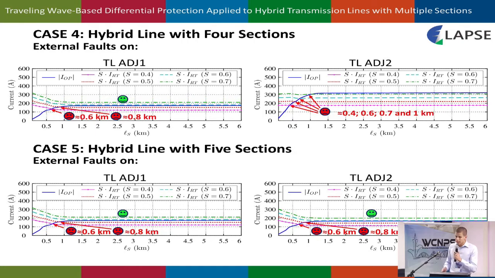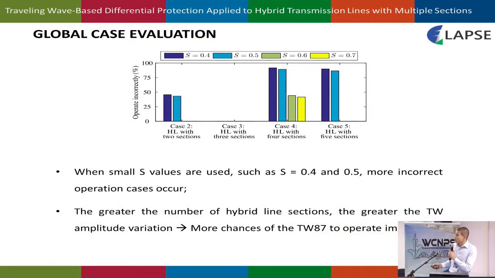Well, in a global case evaluation, we present here case 1, case 2, case 4, and case 5, in hybrid lines with 2, 3, 4, and 5 sections for external faults, and the TW87 operates incorrectly for this case.